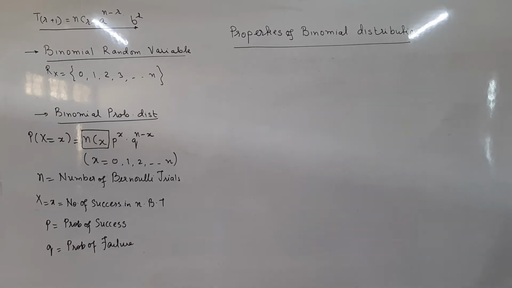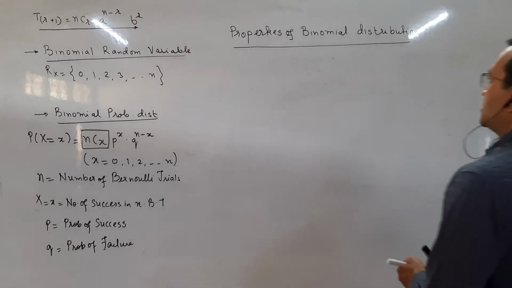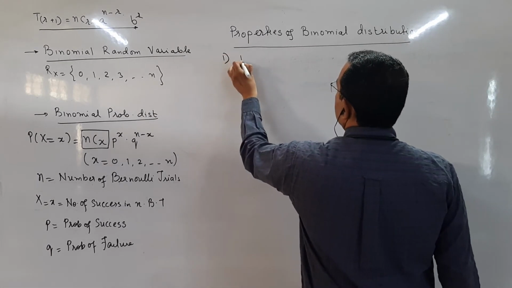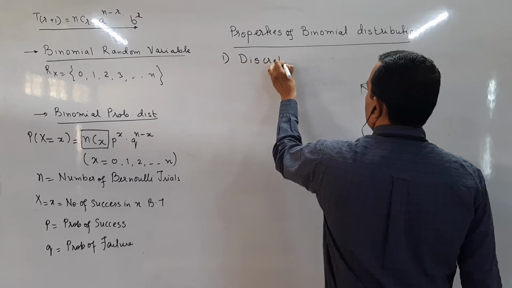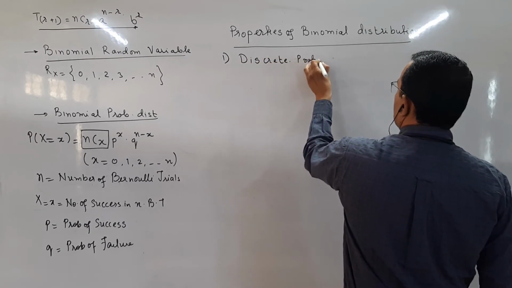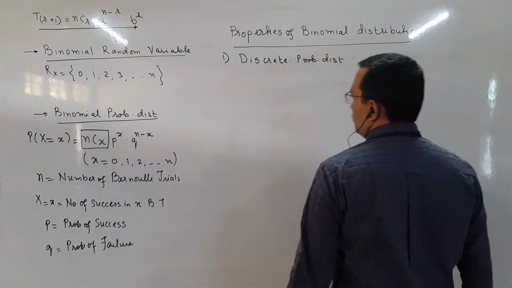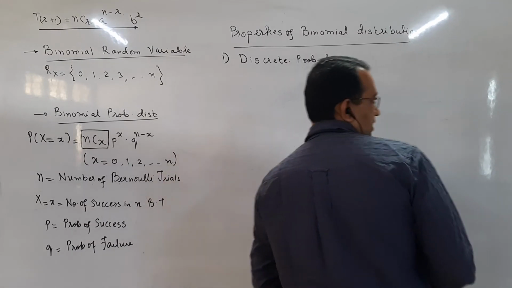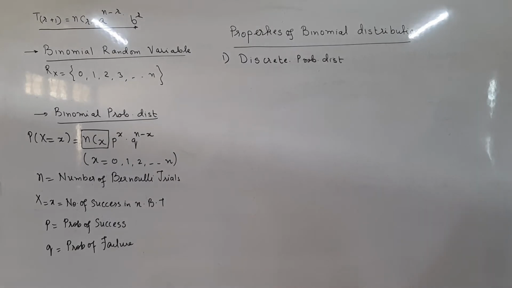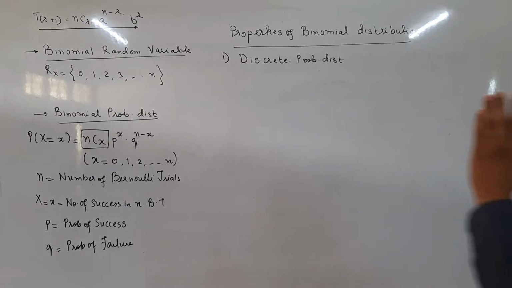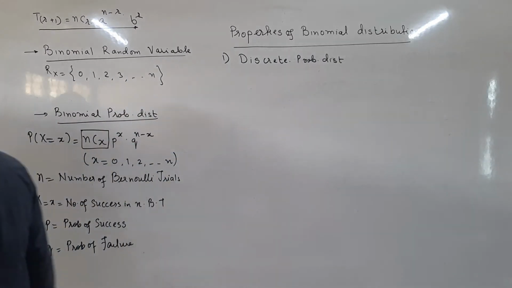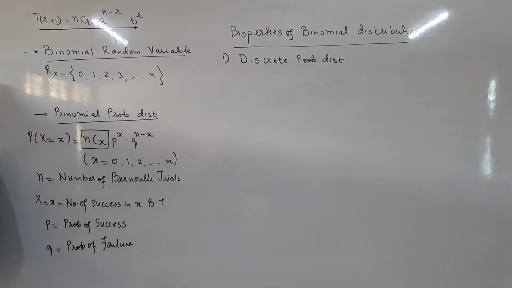Now, the first property: binomial distribution is a discrete probability distribution. Why? Because the number of successes in n binomial trials is always countable or finite. The first and foremost MCQ asked in board examination: binomial probability distribution is the probability distribution of dash variable.